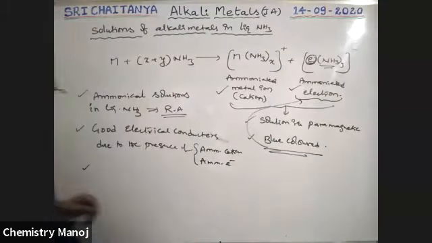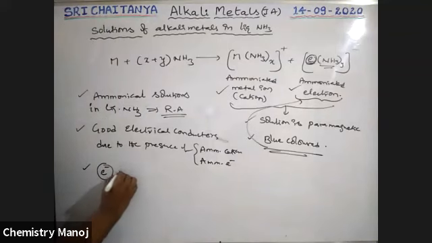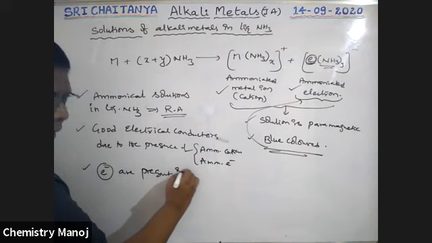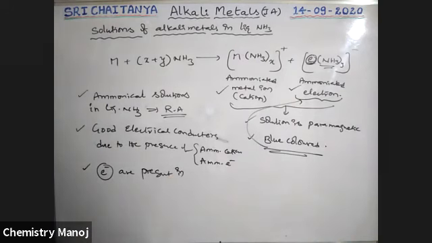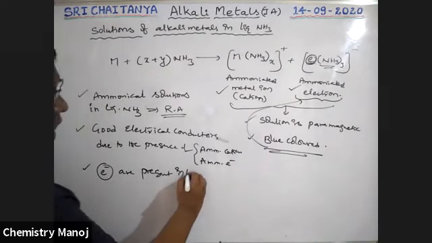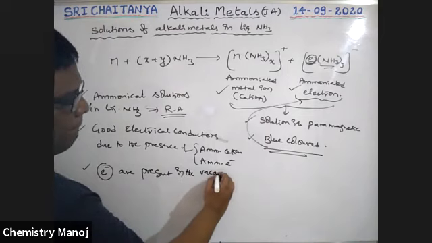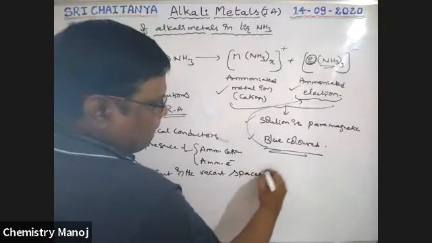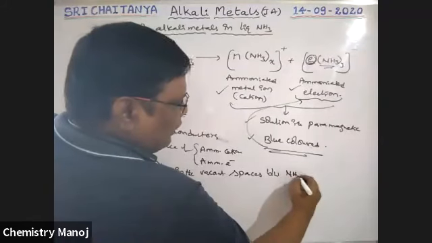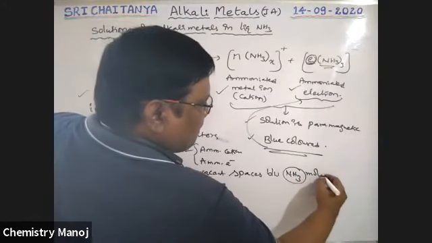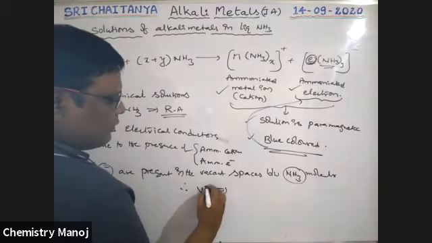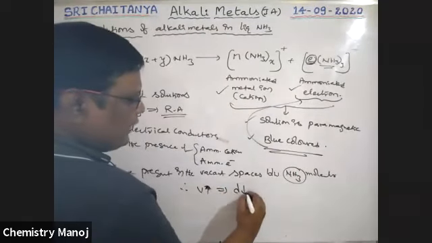So electrons are present in the vacant spaces between ammonia molecules. Therefore, volume increased, which implies density decreased.